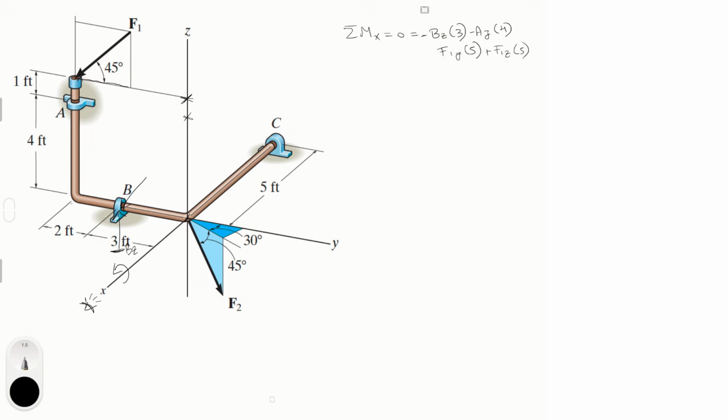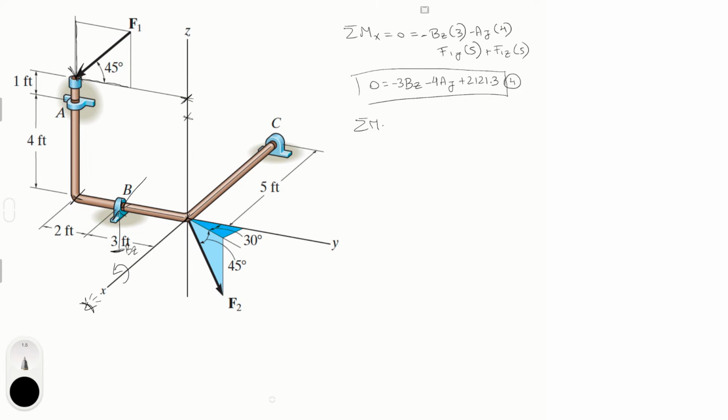And that's because it's the distance from here to the origin. That's the force that we're basically finding. But we know F1y and F1z, so we can actually write another equation: 0 is equal to minus 3BC minus 4AY plus 21.3. We have a fourth equation.